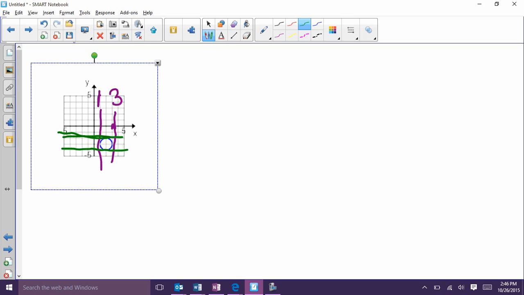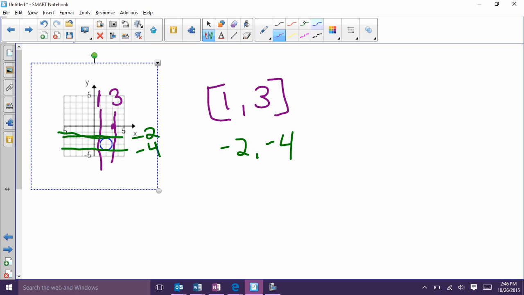Then reading from bottom to top, I'm at negative 1, 2, 3, 4. And I go up to negative 2. So that means the domain goes from 1 to 3, and the range goes from negative 4 to negative 2. I have to decide what brackets I want to use. Well, it's not an open hole, and it's not infinity, so I can use square brackets.